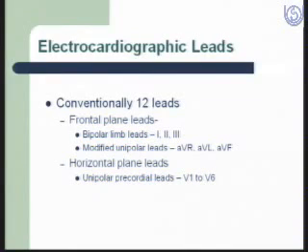Apart from the frontal plane leads, we have the horizontal plane leads, which are the unipolar precordial leads from V1 to V6. So these are the conventional lead positions, and at times the physician may order other special leads, may ask for more precordial leads, say V7, V8, V9, or certain other special leads which maybe we'll discuss sometime later.